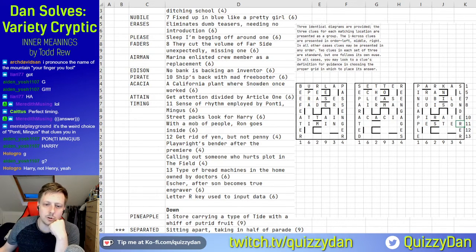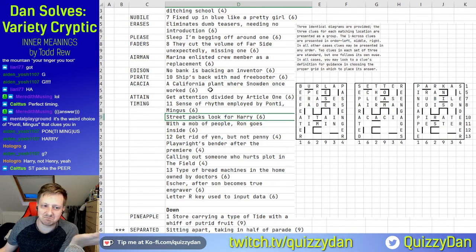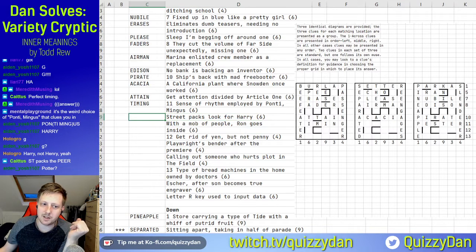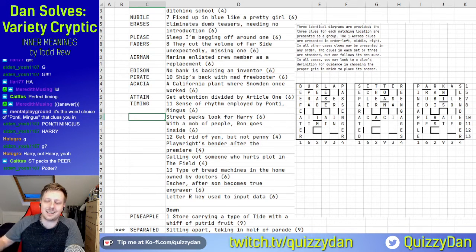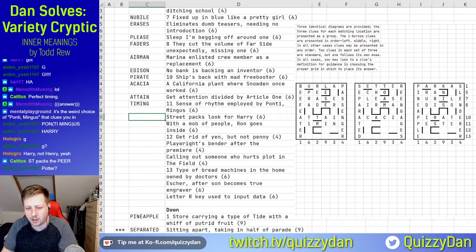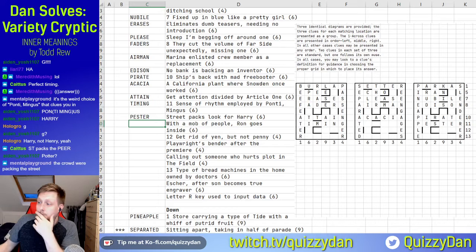Now, surely it should be, that's the wrong way round. It should be looks, packs, street, technically. But there is a really annoying way of reading it the other way around, like man eating chicken. Is that a man eating a chicken, or is it a giant man eating chicken? You can do it that way if you think about where you put the hyphen. So I think it's doing that. But anyway, pester, which is also a type of Italian sauce.